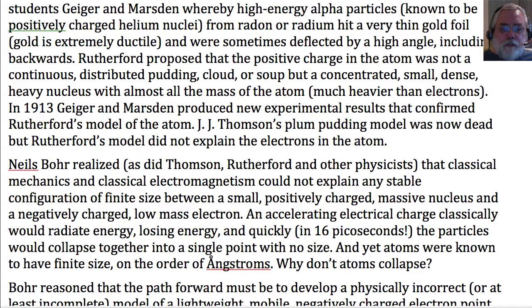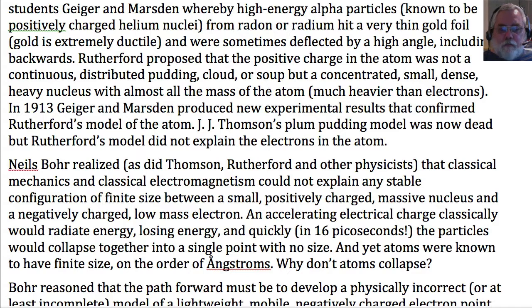Danish physicist Niels Bohr realized, as did Thomson, Rutherford, and other physicists, that classical mechanics and classical electromagnetism could not explain any stable configuration of finite size between a small positively charged massive nucleus and a negatively charged low-mass electron.